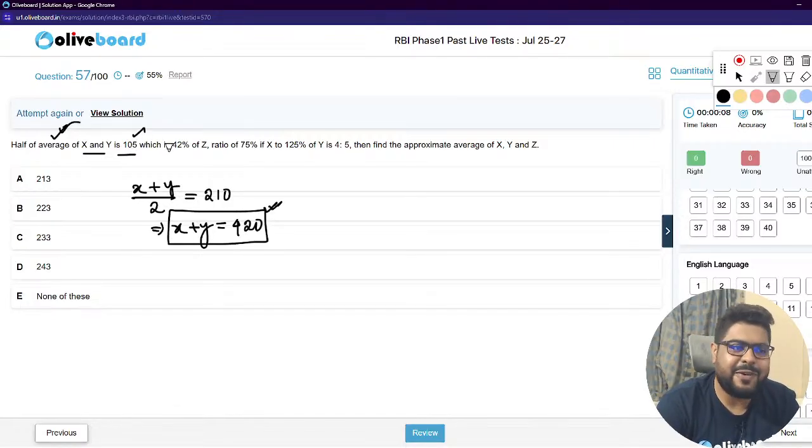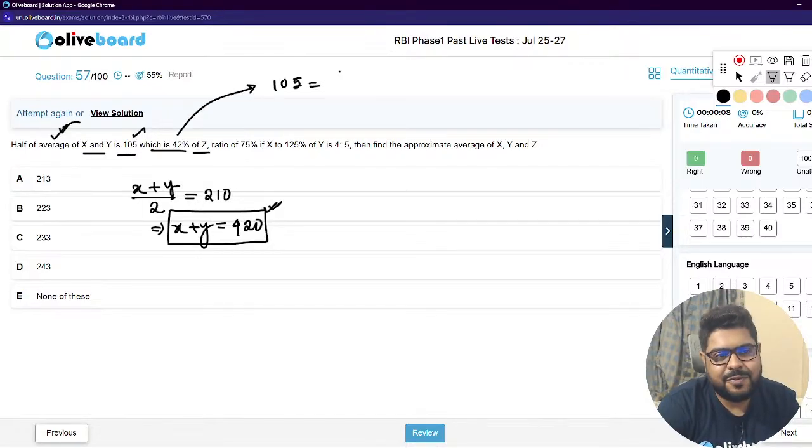Now 105 is 42% of z, meaning 42 by 100 of z. 21 5s are 105, 21 2s are 42, so 2 50s are 100. z is 250, sir.